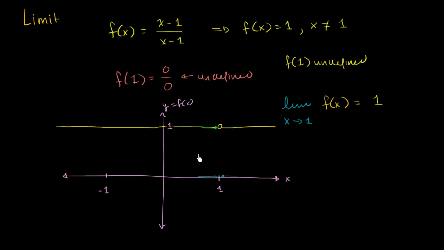Let me do another example where we're dealing with a curve, just so that you have the general idea. So let's say that I have the function, for the sake of variety, let me call it g of x. Let's say that g of x is equal to x squared when x does not equal 2.